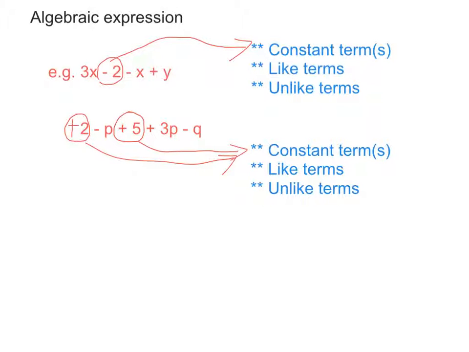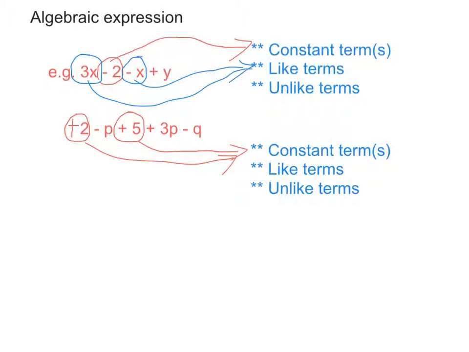If we look at the first example once again, we have 3x here, and one negative x here, and these two, 3x and negative x, are called like terms.